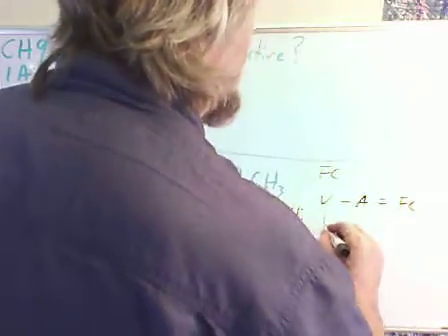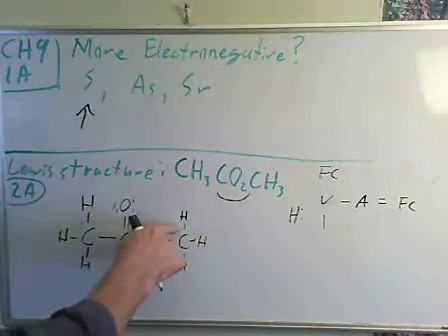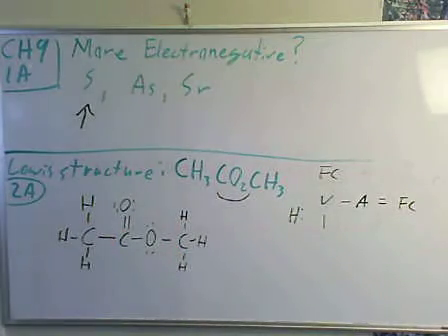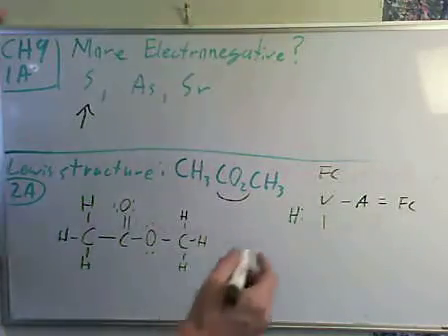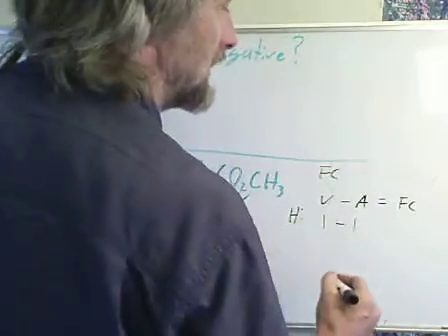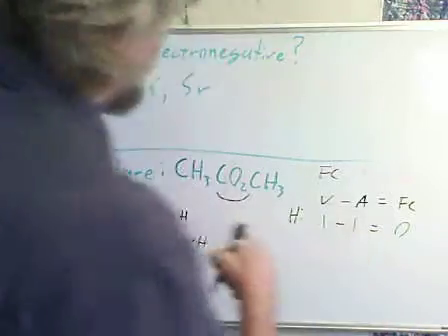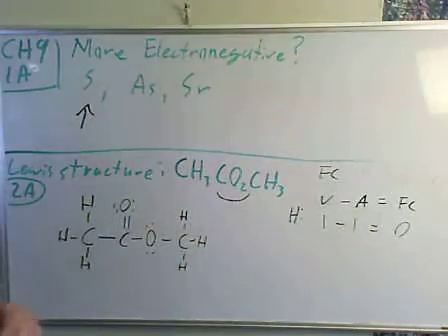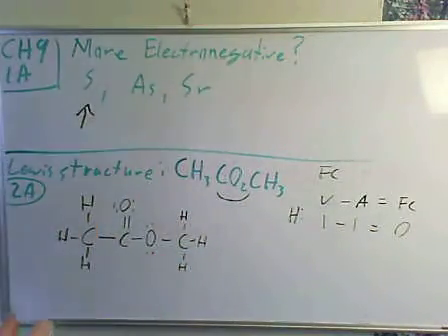And of course, hydrogen has 1 valence electron. Hydrogen has 1 bond. They get half the bonding electrons. So there's 2 electrons in the bond. That means it has 1 of those electrons. So the formal charge on the hydrogens is 0. All the hydrogens are the same with 1 bond.